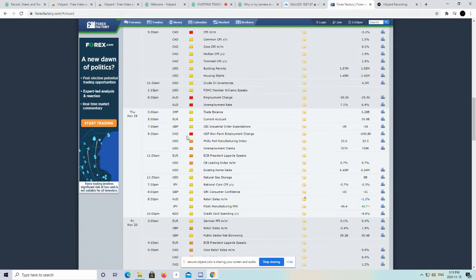All right, so moving on down. Again, we got the AUD. So employment change, unemployment rates again for the Australian dollar. This looks like it's going to be a busy week for our Australian dollar.